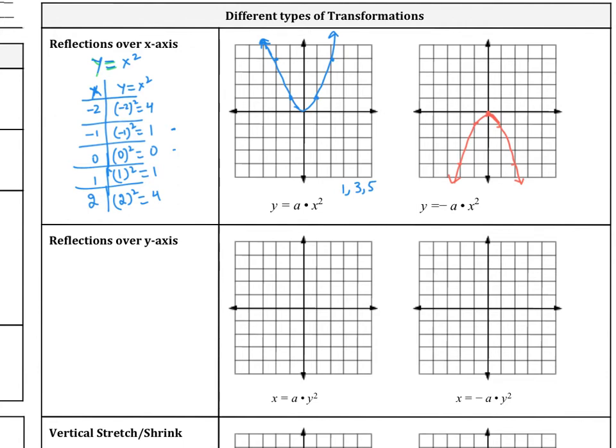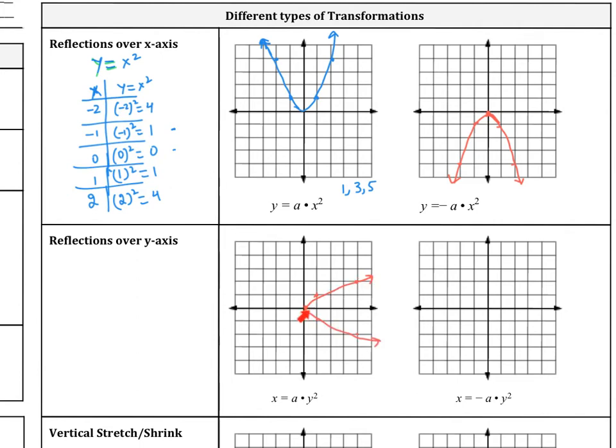Now the next function is reflection over the y-axis. So for the y-axis it is given as x equals a times y squared. It's not a function, but I'm going to graph it here, just a rough graph, so that you can see how it looks, and it's going to be a side graph.